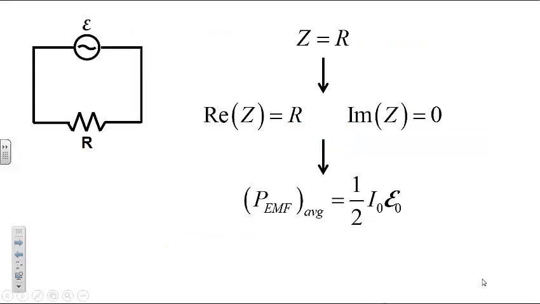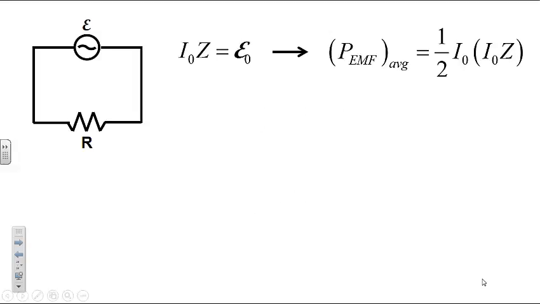This circuit has only a resistor, and therefore only a real component to its impedance. The power supplied by the EMF is therefore the product of the amplitude of the oscillation of the current flowing in the circuit, the amplitude of the oscillation of the EMF, and a factor of 1/2 to take care of the oscillating nature of the current and the EMF.